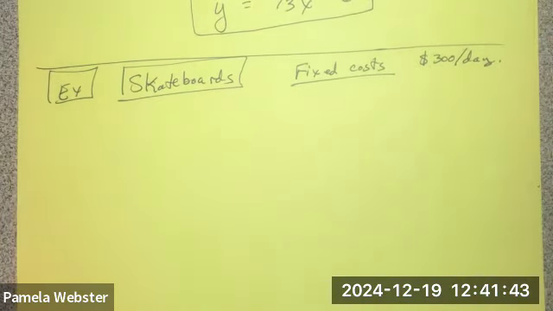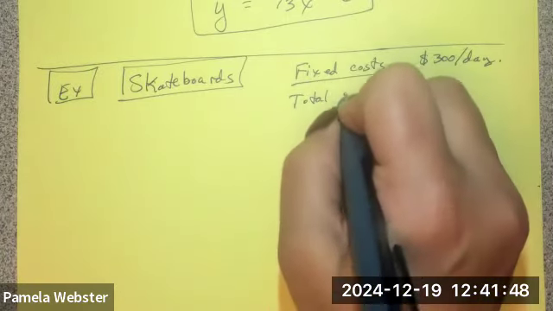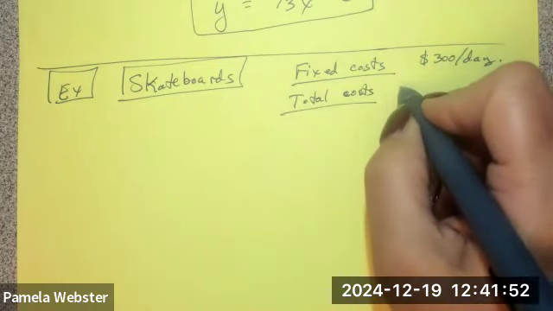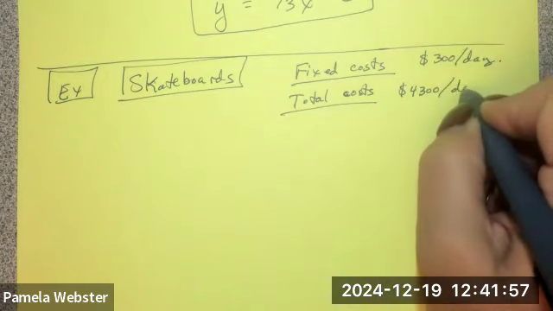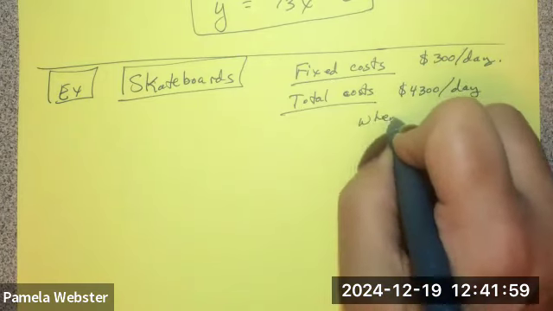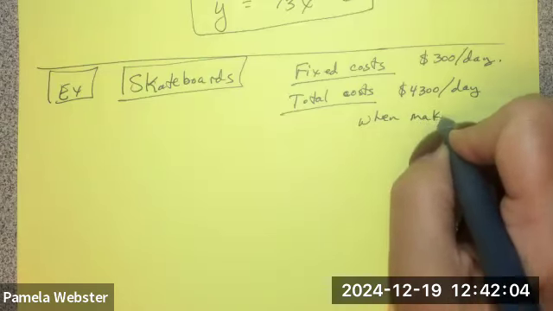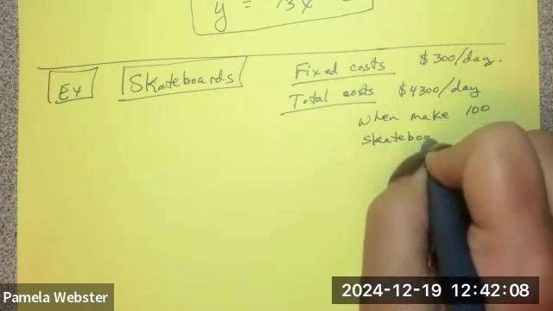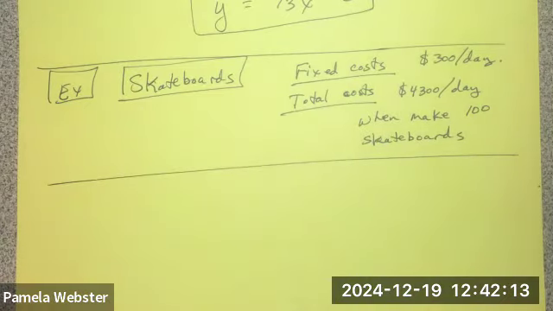And I have total costs of $4,300 per day when I make 100 skateboards. So that's the information we're getting from our back office.